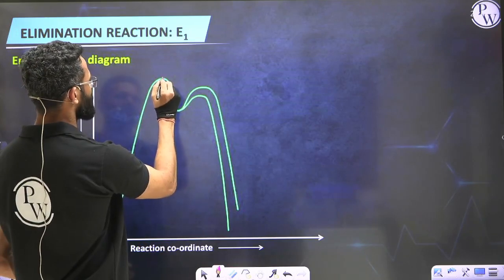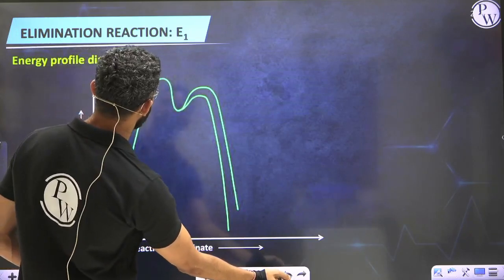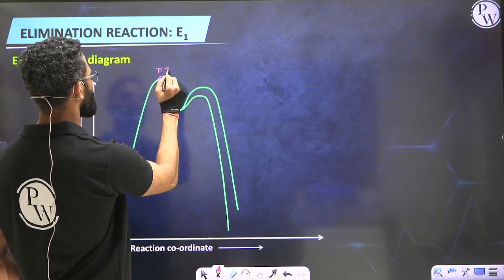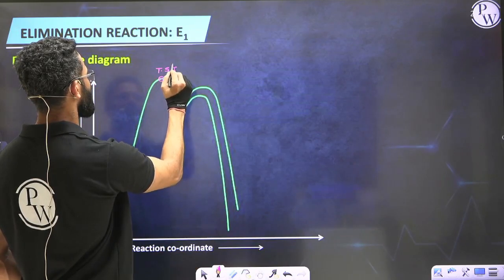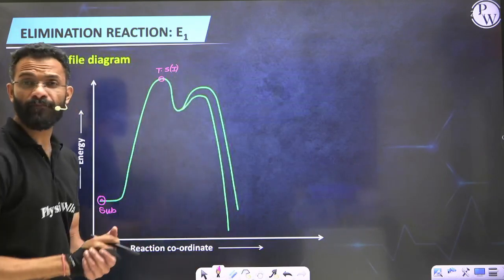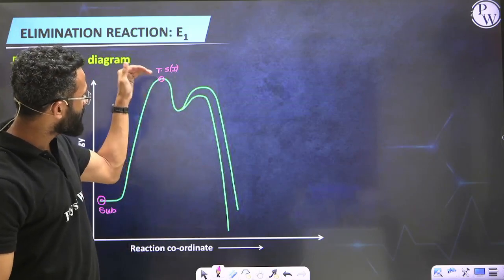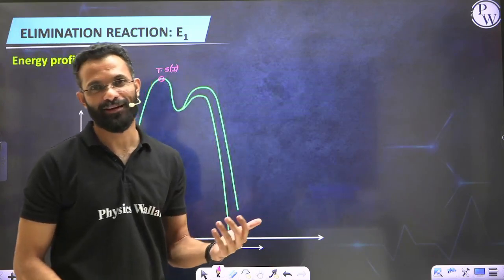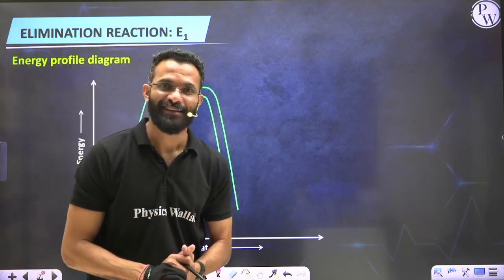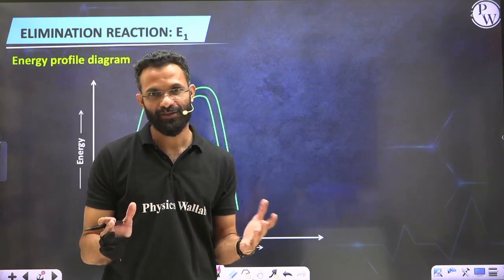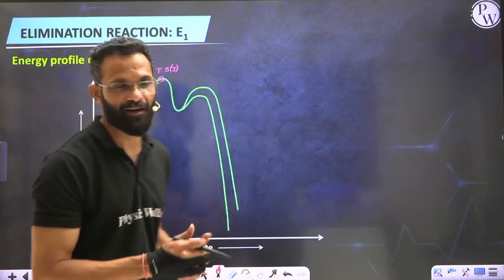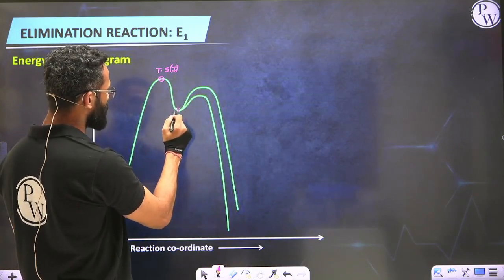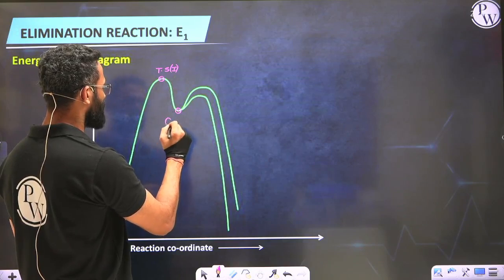So this point will correspond to transition state 1. Right, everyone? Once the transition state is formed, immediately the carbon leaving group bond breaks and it results in the formation of a stable carbocation, because the substrate that we have taken is a more substituted alkyl halide. So the carbocation formed is going to be a stable carbocation. So the carbocation being stable, the energy will decrease. So this point will correspond to the stable carbocation.